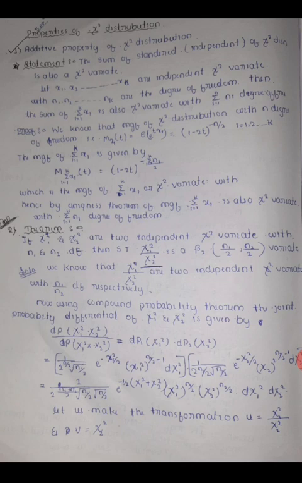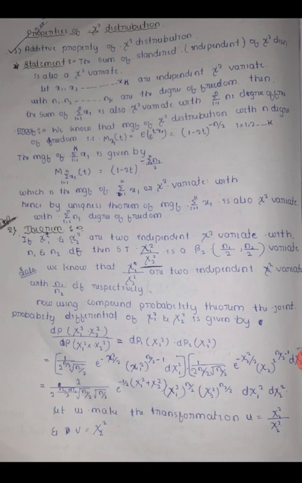Now, using the compound probability theorem, the joint probability differential of chi1 square and chi2 square is given by dP of chi1 square, chi2 square, that is dP1 of chi1 square into dP2 of chi2 square, which equals, using the PDF of the chi-square distribution, the first part 1 upon 2 raised to n1 by 2 gamma of n1 by 2, e raised to minus chi1 square by 2 into chi1 square raised to n1 upon 2 minus 1.